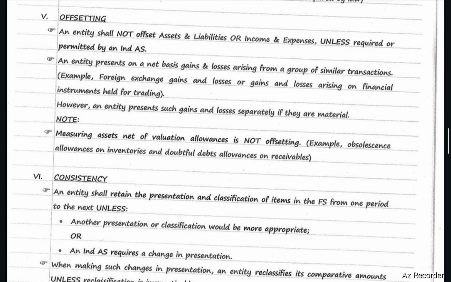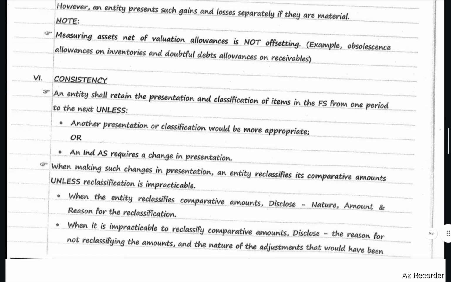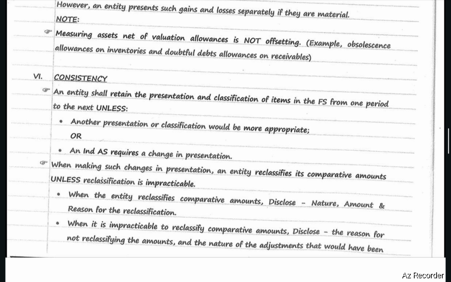Next, consistency. An entity shall retain the presentation and classification of items in the financial statements from one period to the next unless another presentation or classification would be more appropriate or an Ind AS requires a change in presentation. When making such changes in presentation, an entity reclassifies its comparative amounts unless reclassification is impracticable.